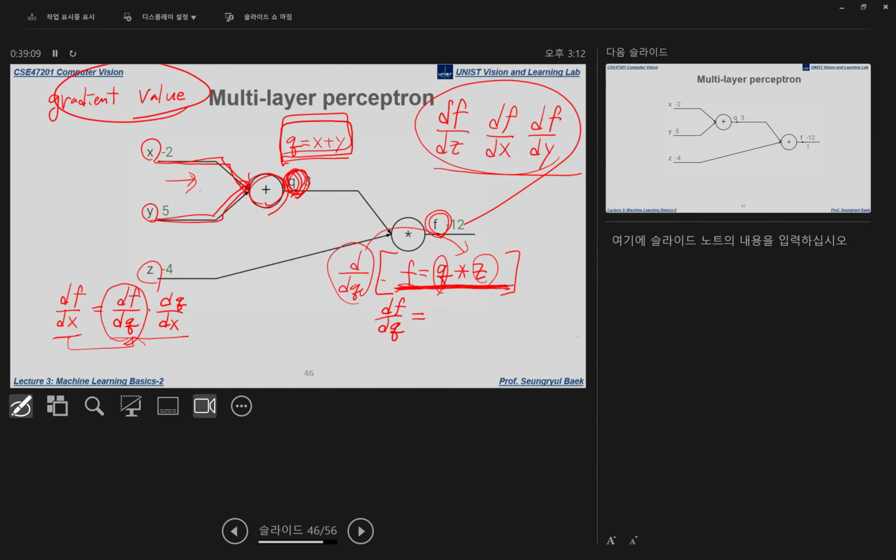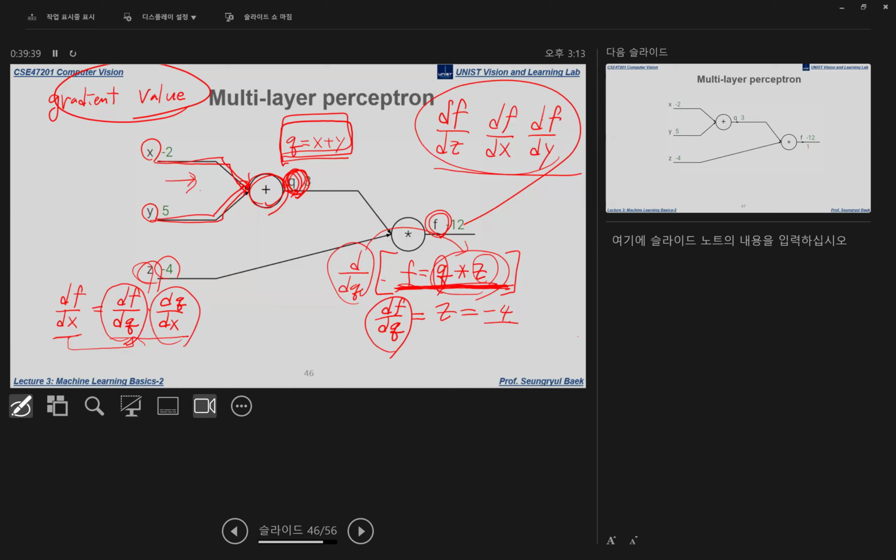If we apply d/dq to the right-hand side, it becomes z, right? And the z value, the green value, means its current value. So z is -4 now. So df/dq is -4, right?